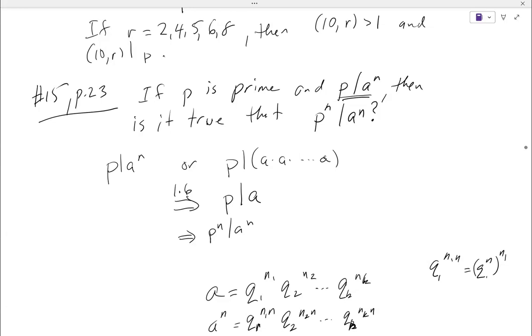If P divides A to the N, P has to appear in that list, but really P to the N has to appear in the list. So that's why I said we could have also thought about it with the unique factorization of the numbers. In any event, I think the other way was shorter. I just thought there were two different ways you could think about it. Like I said, there might be more than two.